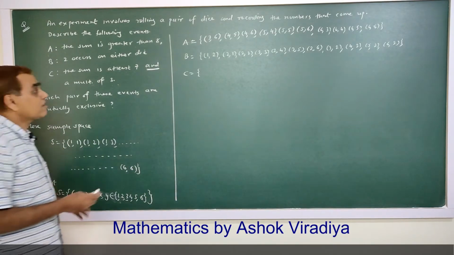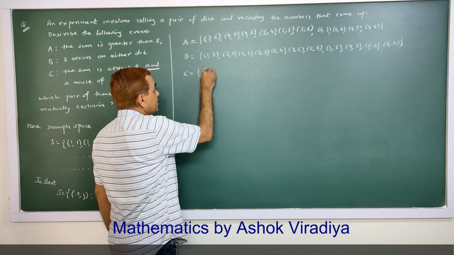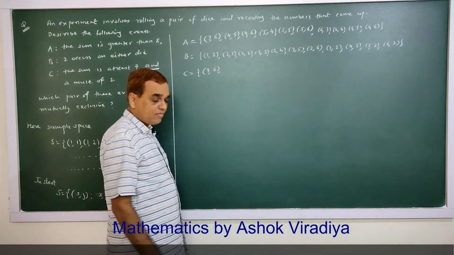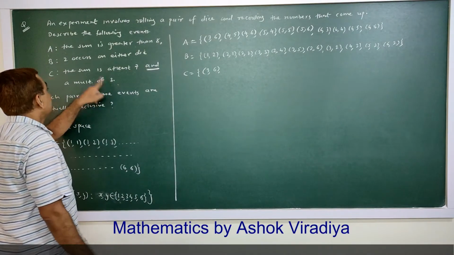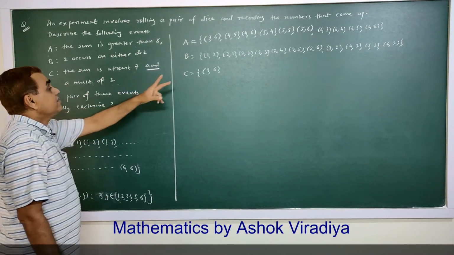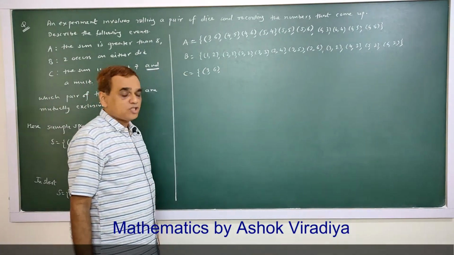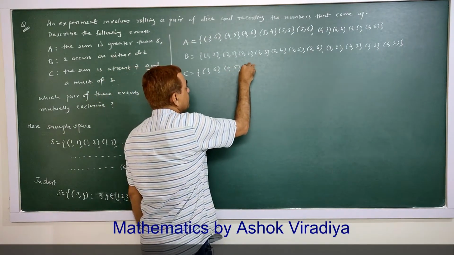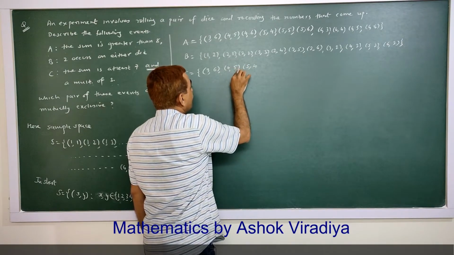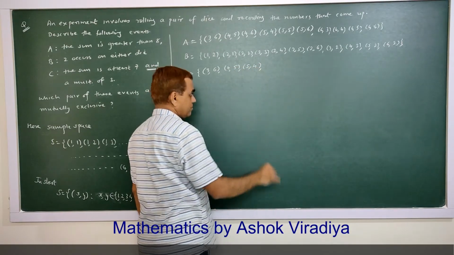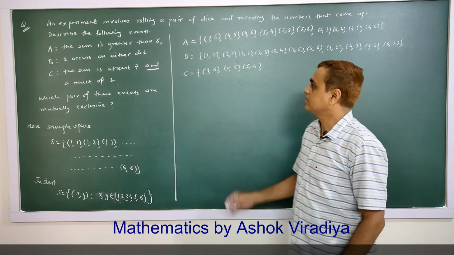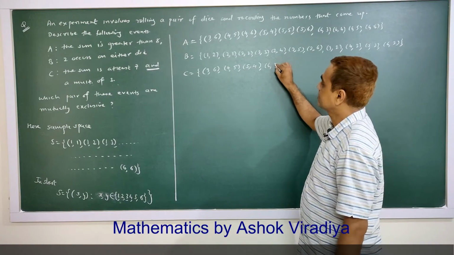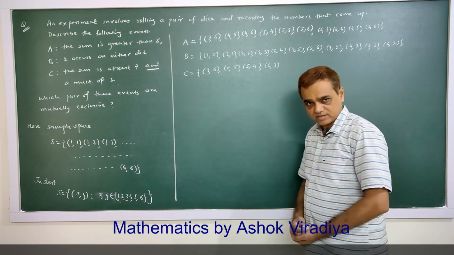So for sum 9 or 12, in the line of 3, 3 6, here the sum is 9, that is a multiple of 3 and this is more than 7. So 3 6, 4 5, 5 4, here the sum is 9. 6 3, here the sum is 9.